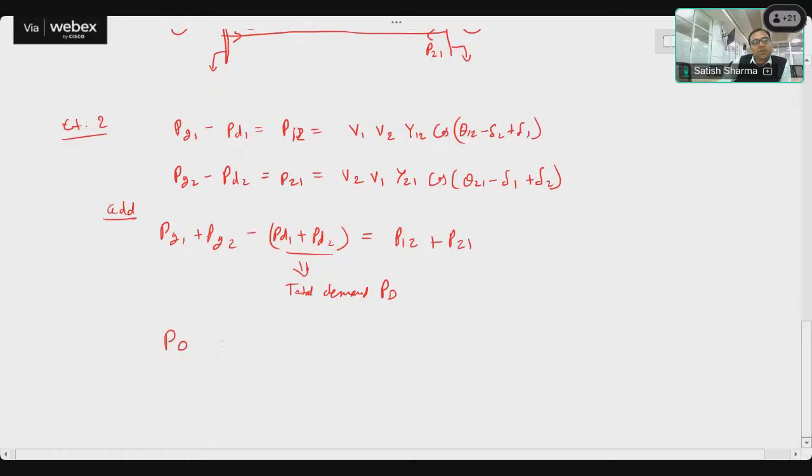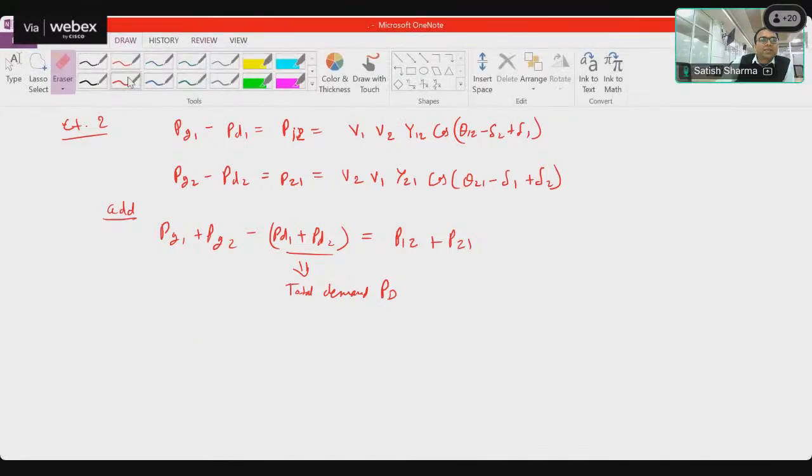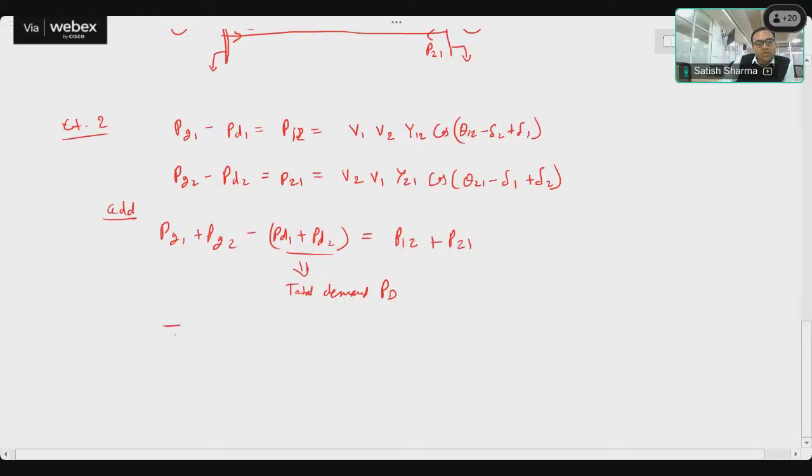So I can simply say that summation of i equals 1 to N, which is equal to 2 in this case, PGi minus PD equals P12 plus P21.